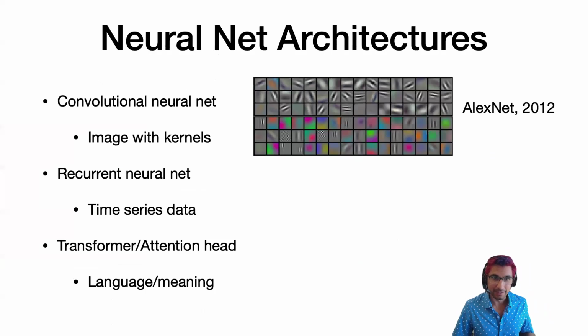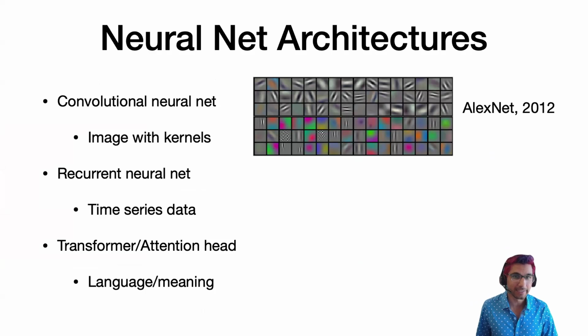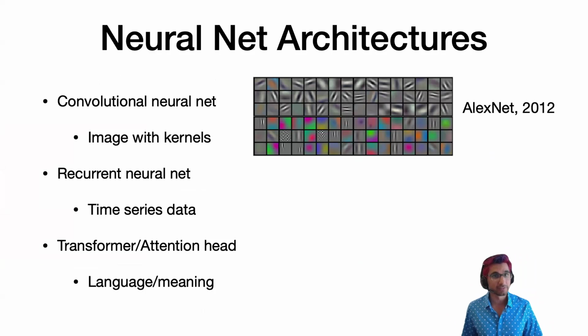And here is an image from a 2012 era neural net called AlexNet that was trying to identify thousands of different types of images from color inputs rather than just identifying the 10 different digits from black and white inputs. And here are some of the kernels that it identified. And we can see something about what this neural net is looking for by looking at that.